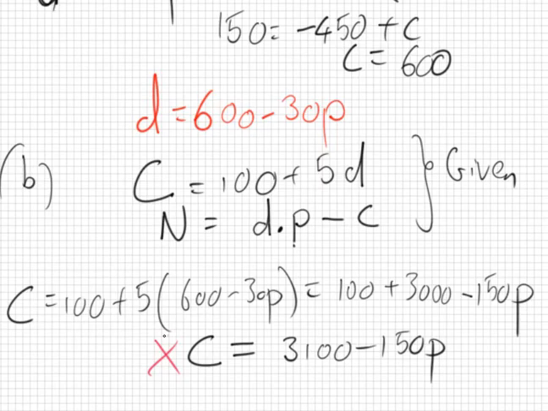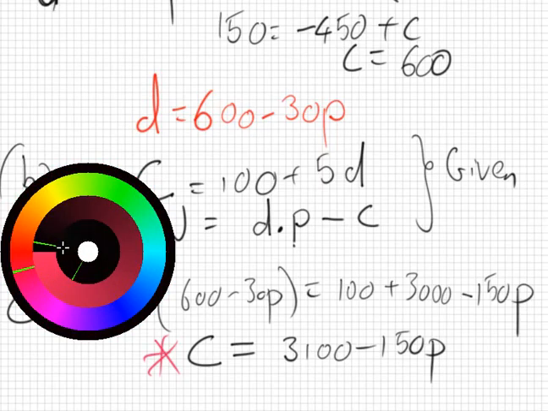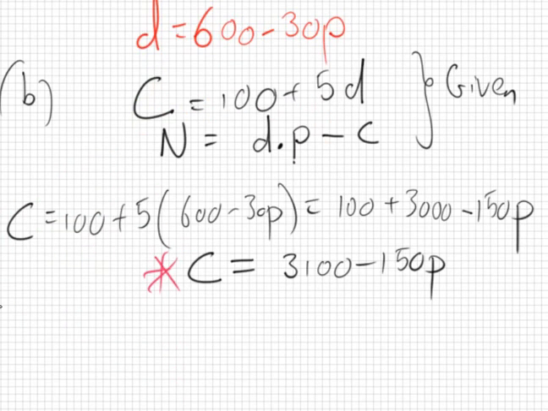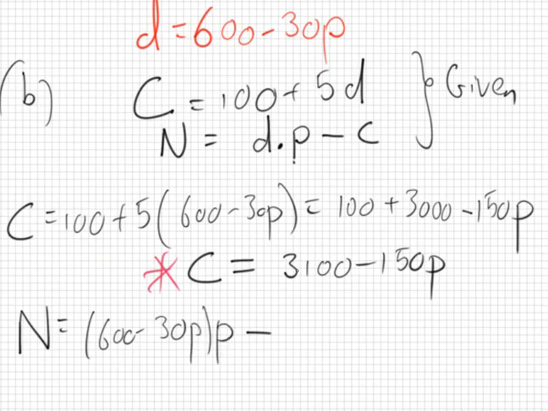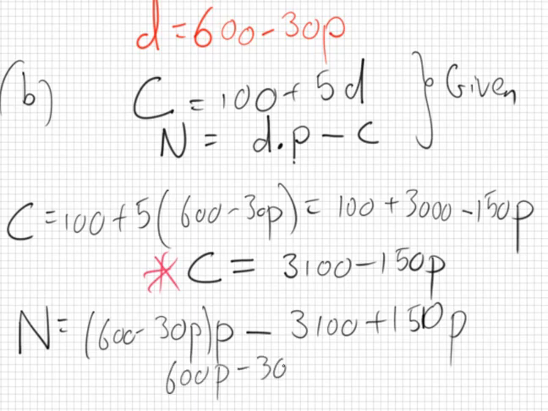Now to get the profit, which is the N. N equals DP minus C, which we just had previously. So that would be 600p minus 30p squared minus 3100 plus 150p.